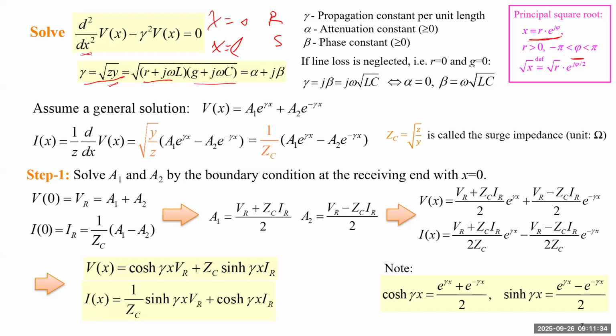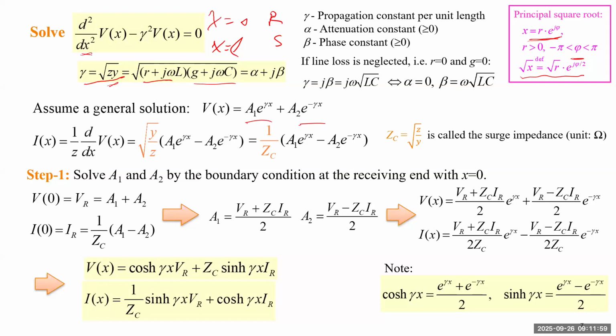Then you can define the principal square root. Then we just solve this second order linear differential equation. Because it has two eigenvalues, we'll have two exponential functions of x, and the coefficients A1 and A2 can be solved by using the boundary values.